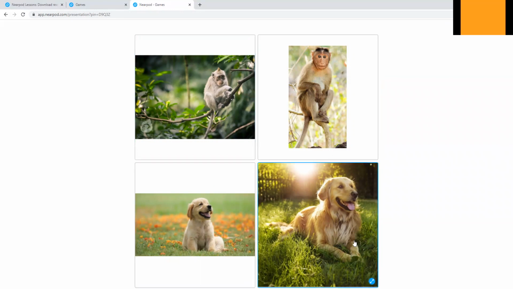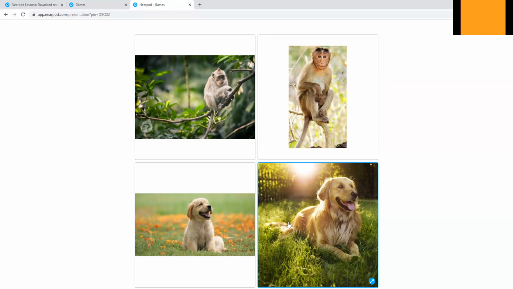In these 4 pictures, there are 2 different animals, a monkey and a dog. The monkeys are of a similar age, but in the case of the dogs, the two have different ages.